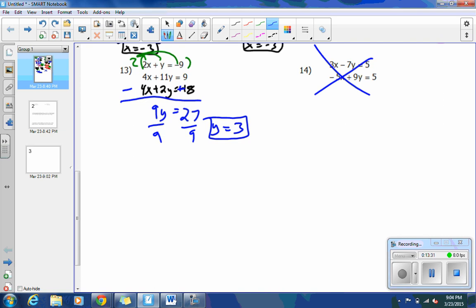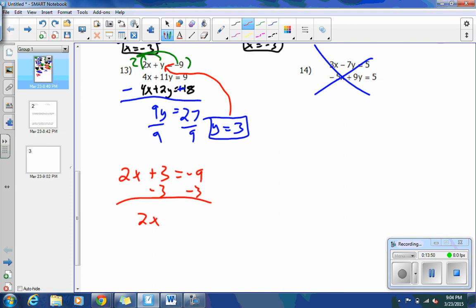So if y equals 3, I'm going to plug that 3 in right there. So we have 2x plus 3 equals negative 9. Subtract 3 from both sides. You end up with 2x equals negative 12.